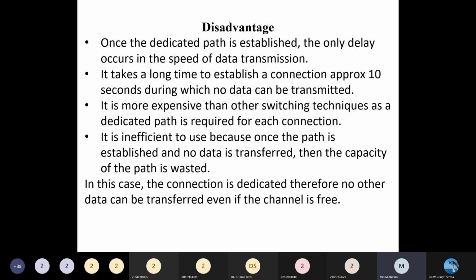So the delay time compared to the waiting time is very less. So data transfer time depends on two parts. One is the propagation time, another one is the data transfer time. So the propagation time means the slope of the time.